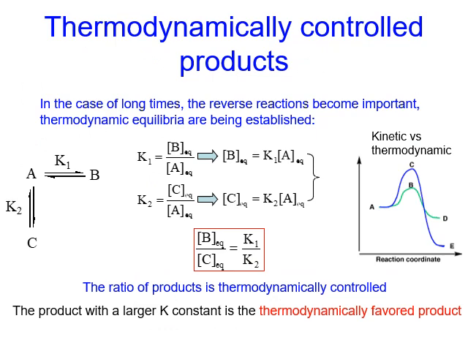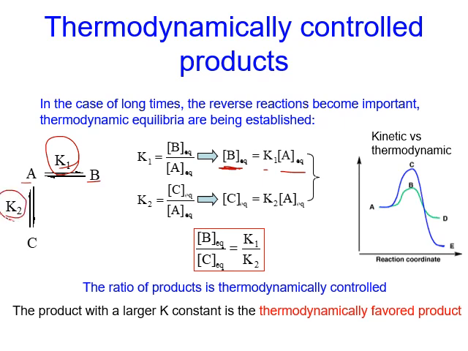Sometimes in a parallel reaction, the reverse reaction is important. In this case, the reaction reaches equilibrium. So we can write the equilibrium constant K1 equals B divided by A. We can calculate the concentration of B equals K1 times the concentration of A at equilibrium.